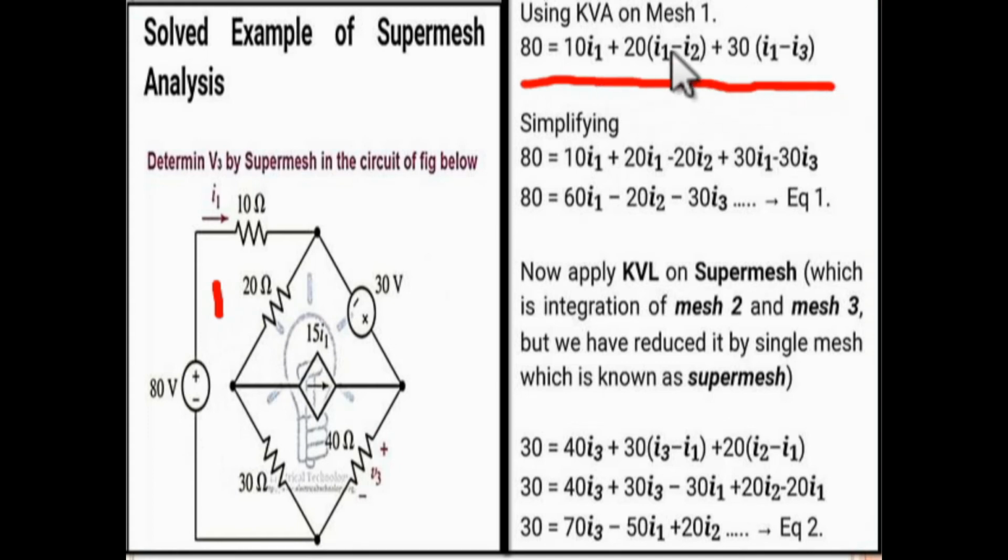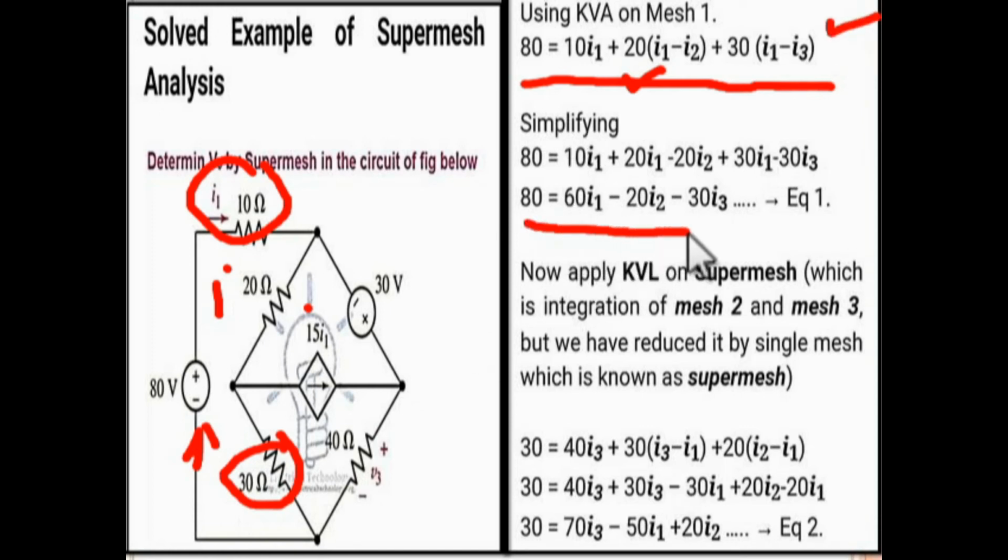Using KVL on mesh number 1, the equation will be like this: minus 80, start from here, minus 80 plus 10I1 plus 20 into I1 minus I2, plus 30 into I1 minus I3. Then by simplifying it, you can write 80 equal to 60I1 minus 20I2 minus 30I3. So this will be our equation number 1.